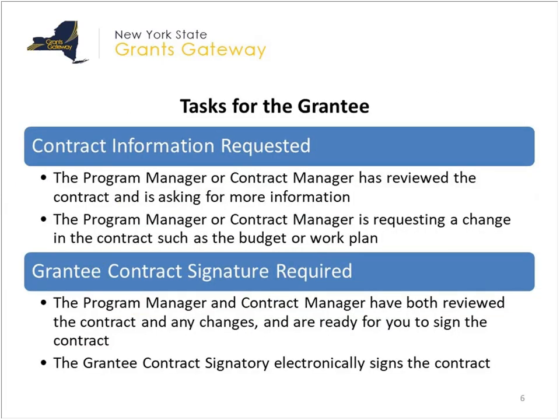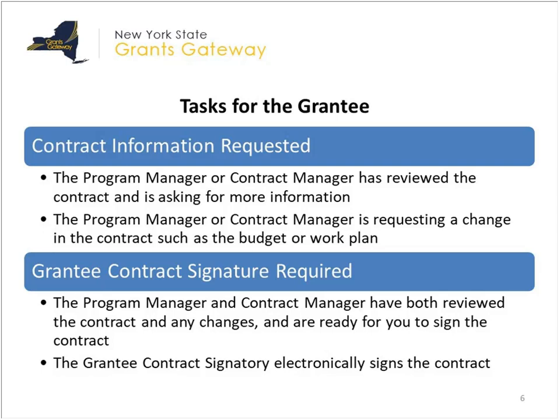So you will have 2 tasks throughout this process. The first one is where many of you are right now, the task of contract information requested, meaning the program manager or contract manager has reviewed the contract and they're asking for more information from you. They're asking you to fill out things like your address, some budget details, and most importantly, the work plan. They could be asking for a change in this case too. Maybe you already worked on it, you sent it back to them, and they said, oh, we need you to tweak this one area here.